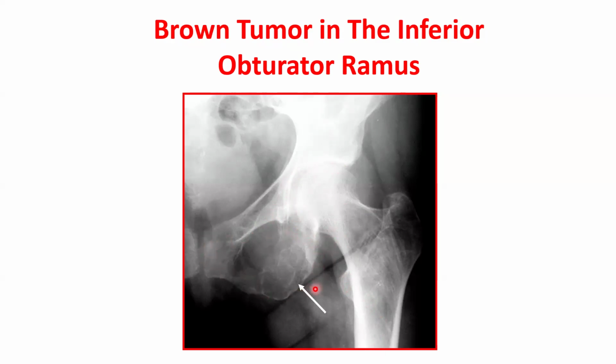The arrow points at a brown tumor. It is an expanded bony lesion, but it's not devoid of structures. If you look closely, there are attempts at new bone formation inside, appearing like eggshell. This is the typical X-ray finding of a brown tumor. Is it clear?